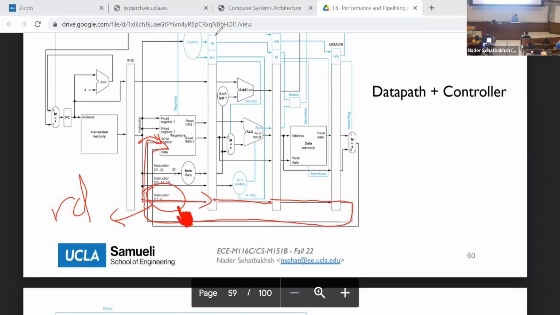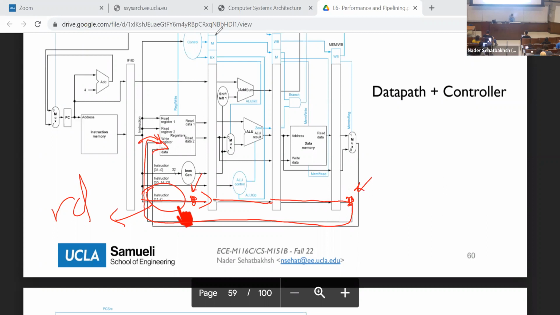So this point here is not the same as this point here, although they're coming from the same source. These are two different snapshots of time. This is from the instruction in this stage. This is from the instruction from previous stages.